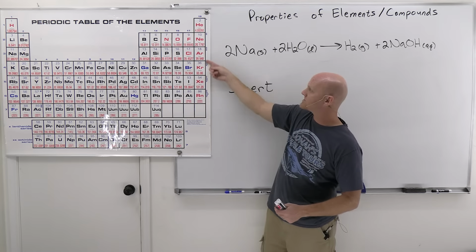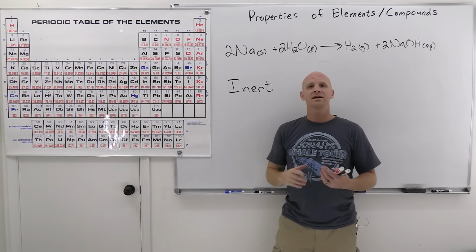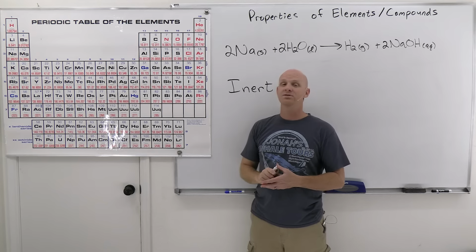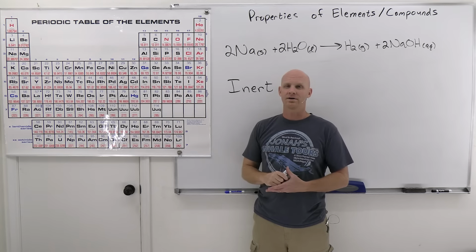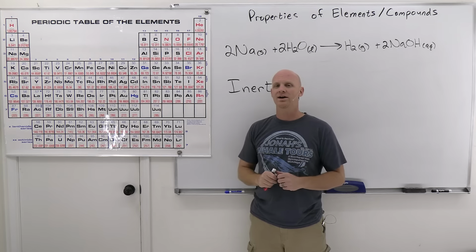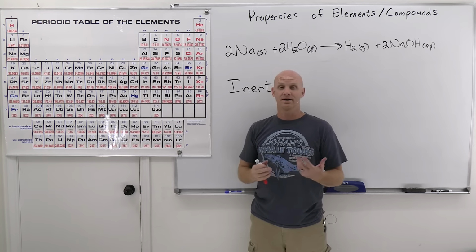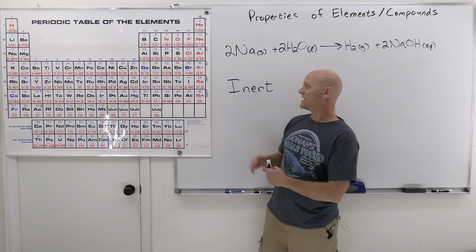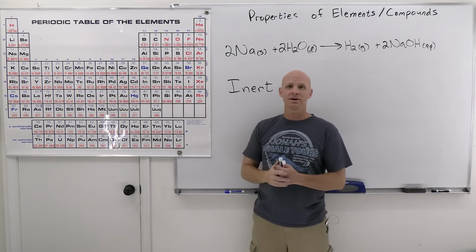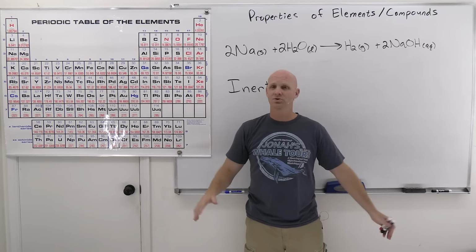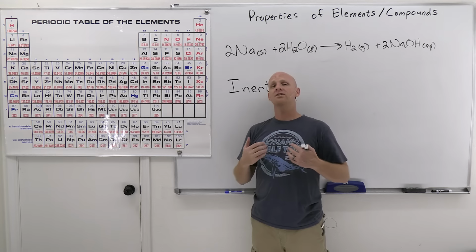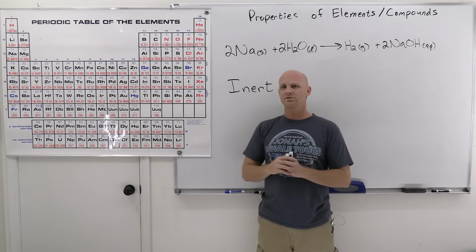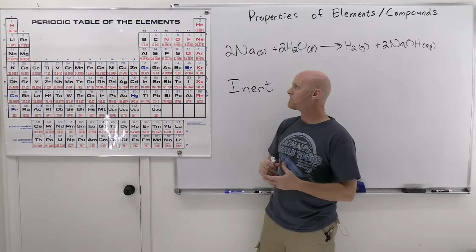Now for some of the bigger ones, if you react them with a very electronegative element, most notably fluorine, there are a very small number of chemical reactions and substances that you could form with them that are possible. But in general, again, the noble gases are known for being chemically inert. They just don't do a whole lot as far as chemical reactions go. And I'll find out in the next chapter that it's due to them having a filled octet, the perfect number of electrons and things of this sort.